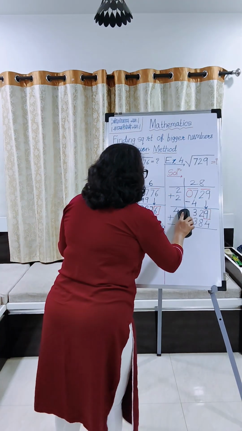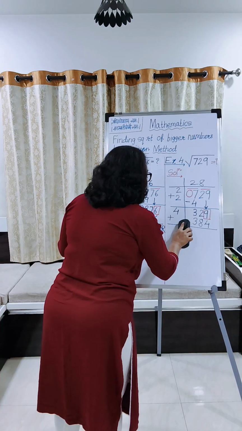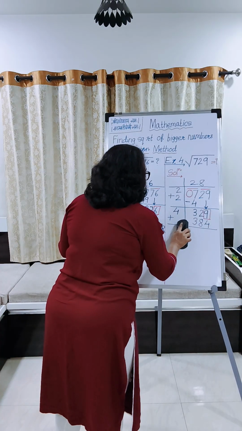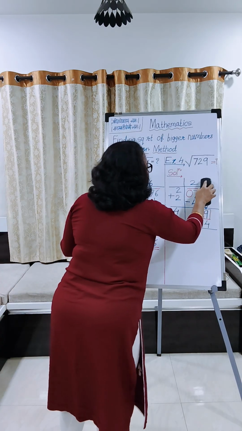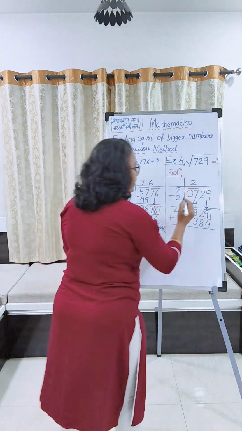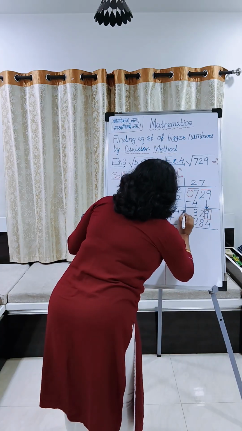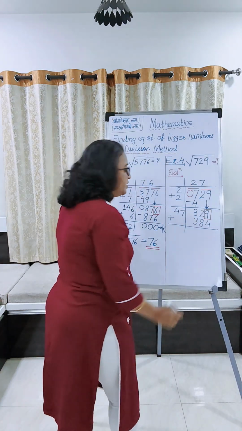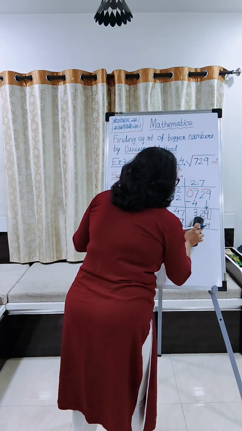So now instead of 8, if we use 7, let's see whether that works. At the quotient's place 7, then here at the divisor's place 7, then one more time it is there below 7.